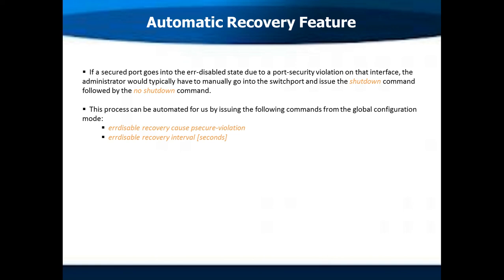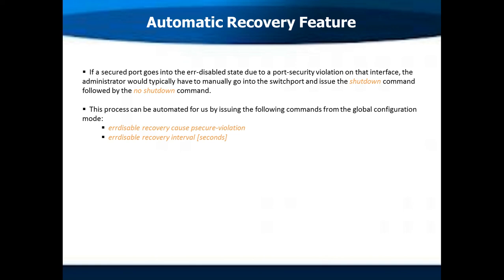So let's say I do 600 seconds. That's 10 minutes. What will happen is a user makes a mistake and plugs his laptop into the wrong interface or whatever it may be, putting an unauthorized laptop on the network. It's going to shut down that interface. But as soon as that goes into an error disabled state, it starts this recovery interval.